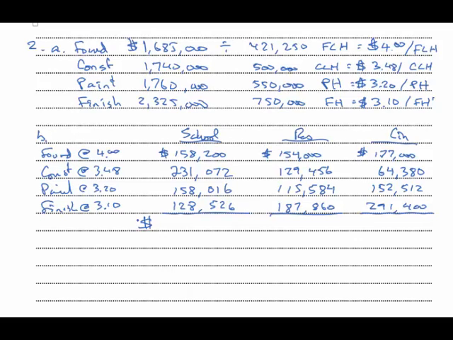So if we add all of these up, we get 675,814, 586,900, and 685,292. So there's the overhead.